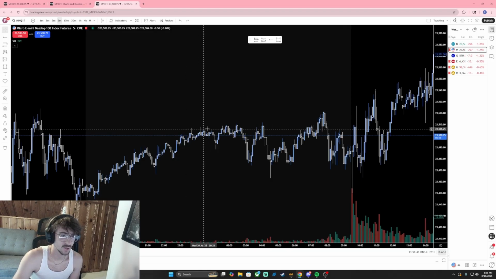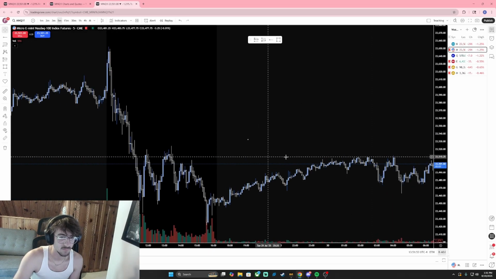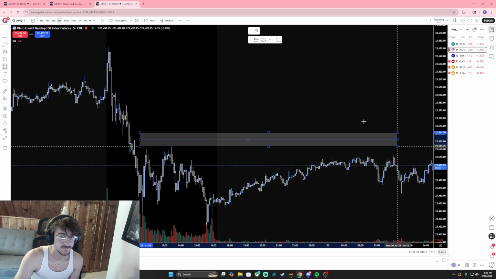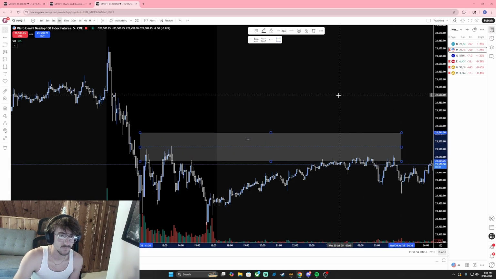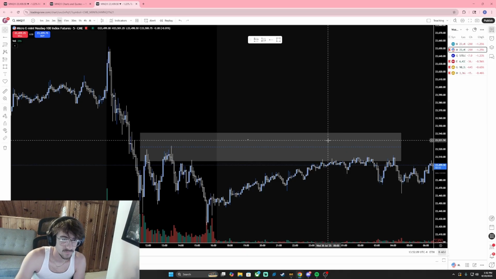It looks like price is trying to break through, but there is an order block here, because you can see price has reacted in this range. And an order block is just a group of sell or buy side orders. That's it.